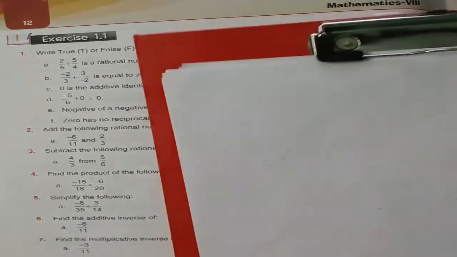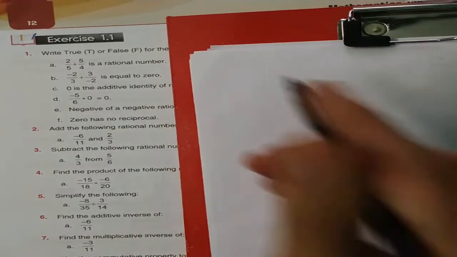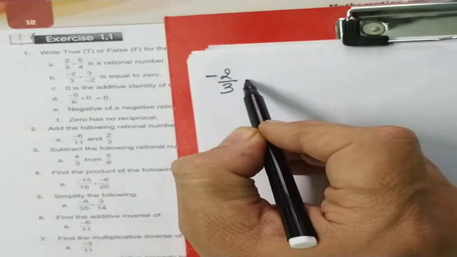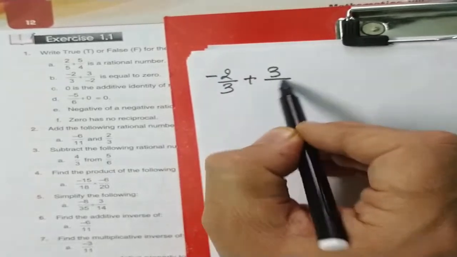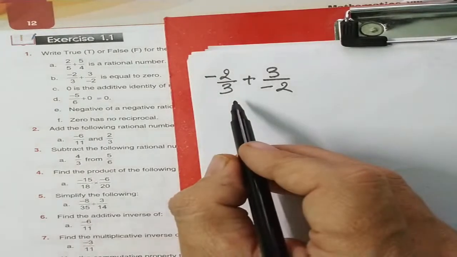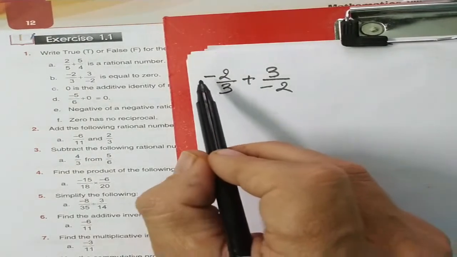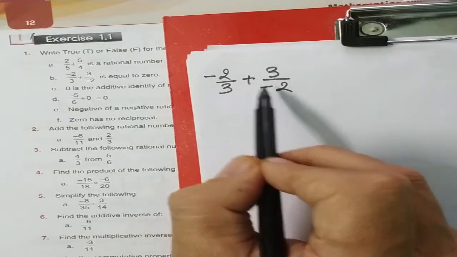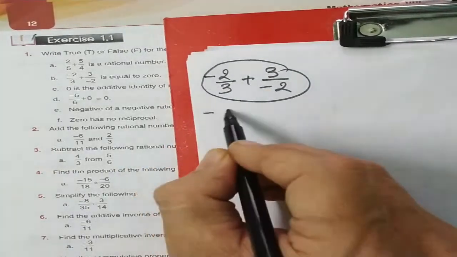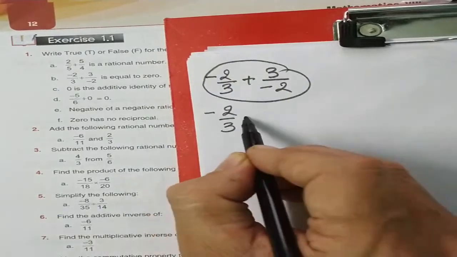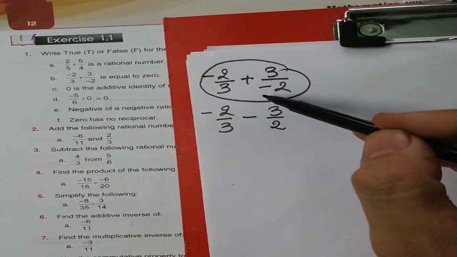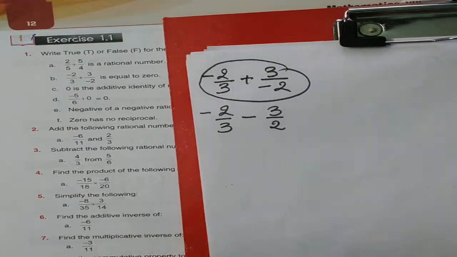So the number is minus 2 upon 3 plus 3 upon minus 2. Since there is a minus sign here, and a plus and a minus sign here, this whole question can be written with a single sign as minus 3 upon 2. A plus sign and a minus sign together becomes minus.